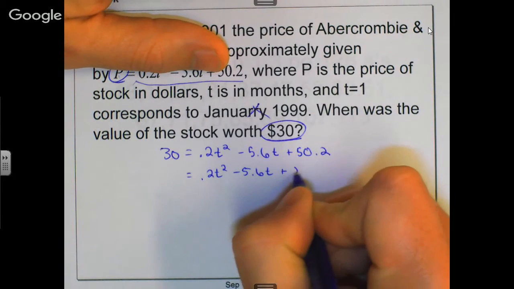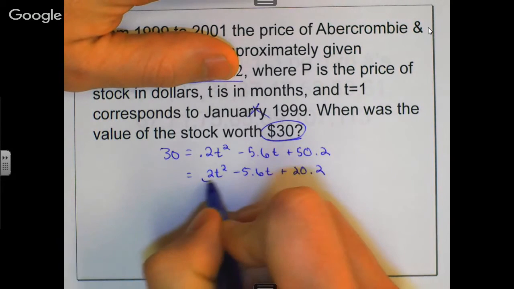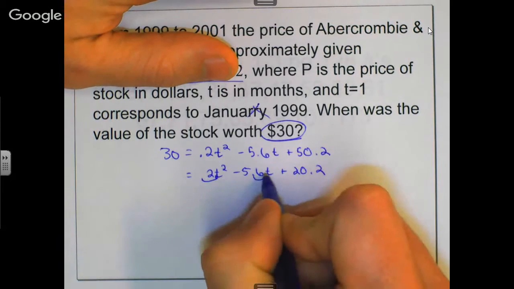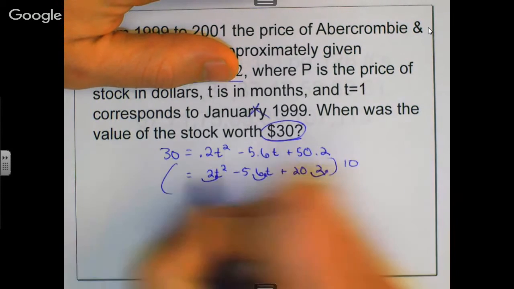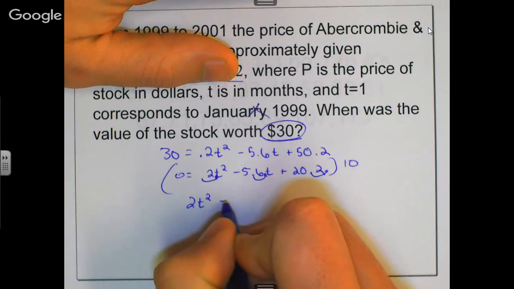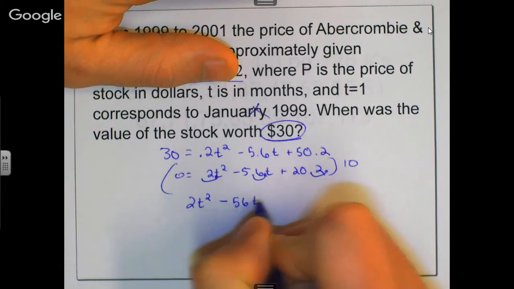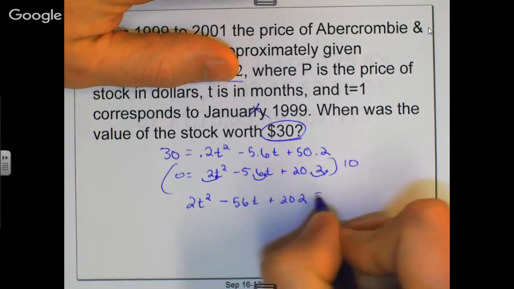Plus 20.2. Now I don't want to deal with the decimals, so I'll just move everything to the right one, which is the same as multiplying the whole thing by 10. So I have 2t squared minus 56t plus 202 equals 0.